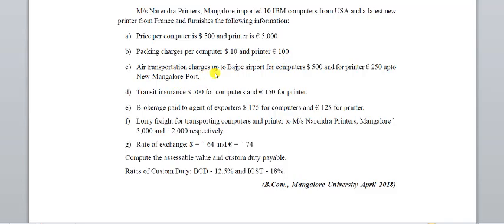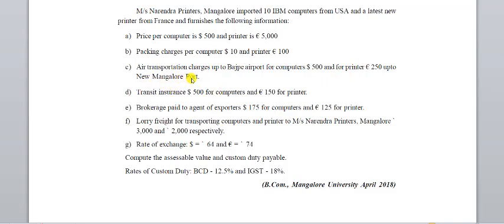Air transportation charges up to Bajpayee airport for computers $500 and for printers euro 250 up to New Mangalore port. See, this is interesting. Why? Because computers are brought through airways. The mode of transport for computers is airways, whereas mode of transport for printers is port, that is waterways.